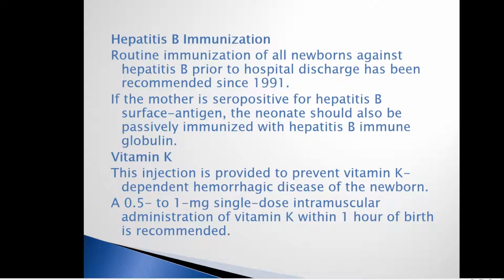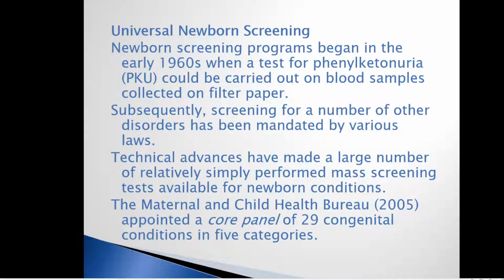If necessary, usually we recommend for mothers hepatitis B immunization. If necessary, we use vitamin K. This injection is provided to prevent vitamin K dependent hemorrhagic disease of the newborn.